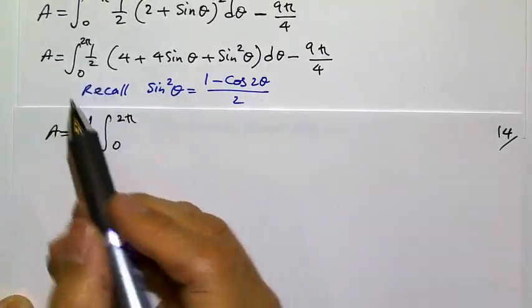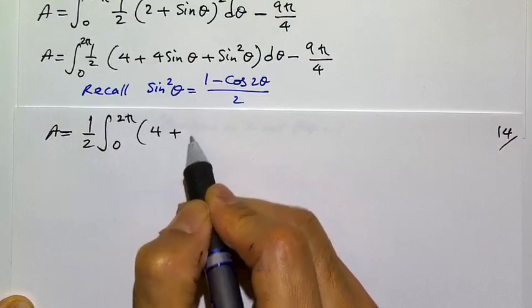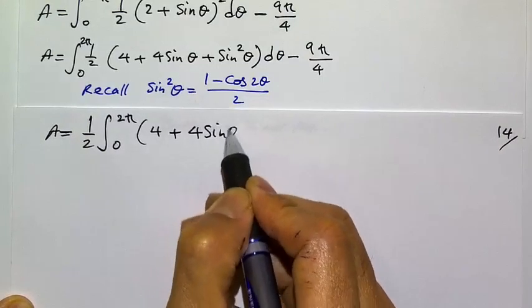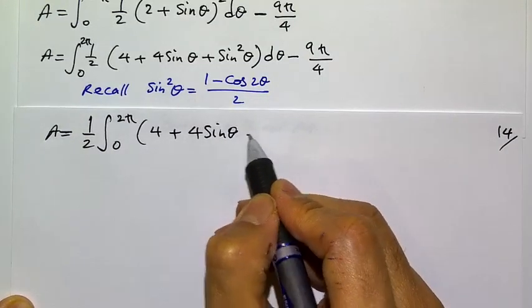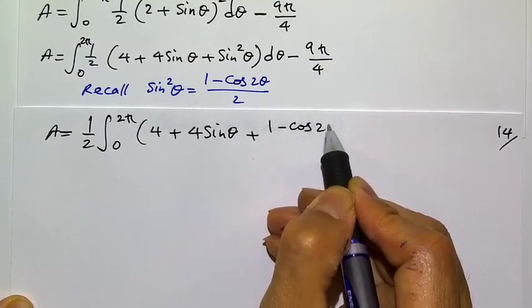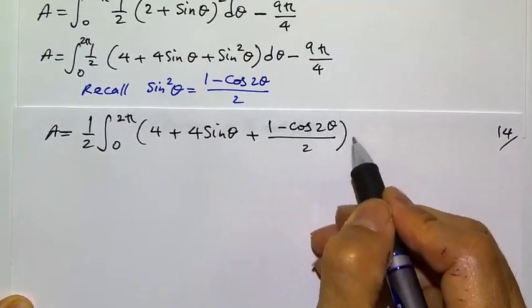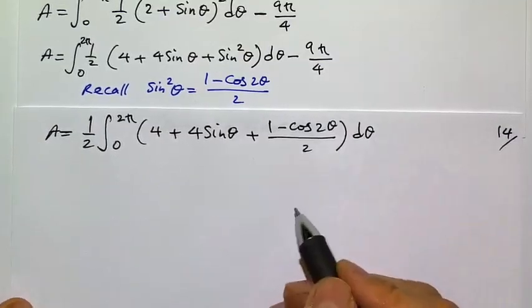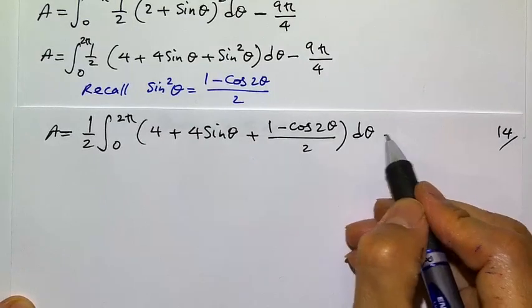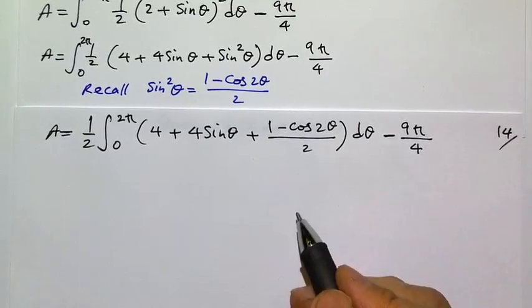We put the 1/2 outside, and then we have 4 plus 4 sine theta plus (1 minus cosine of 2 theta) divided by 2 d theta. And of course, let me not forget minus 9 pi over 4.